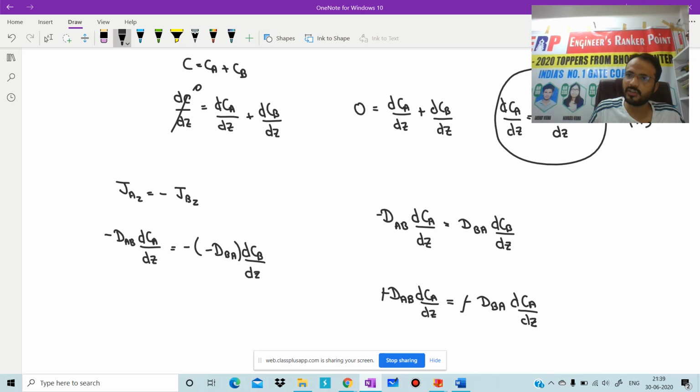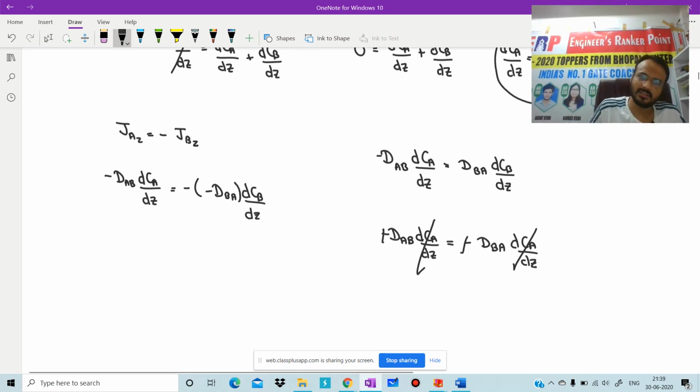Minus and minus will cancel. Then what will you get after solving this? You will get DAB should be equal to DBA.